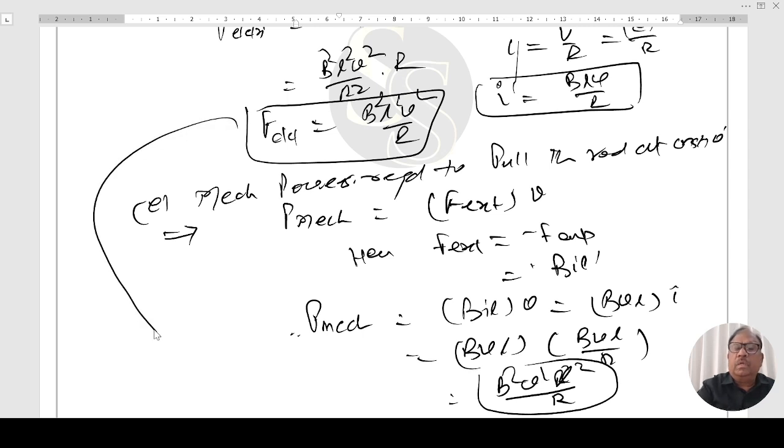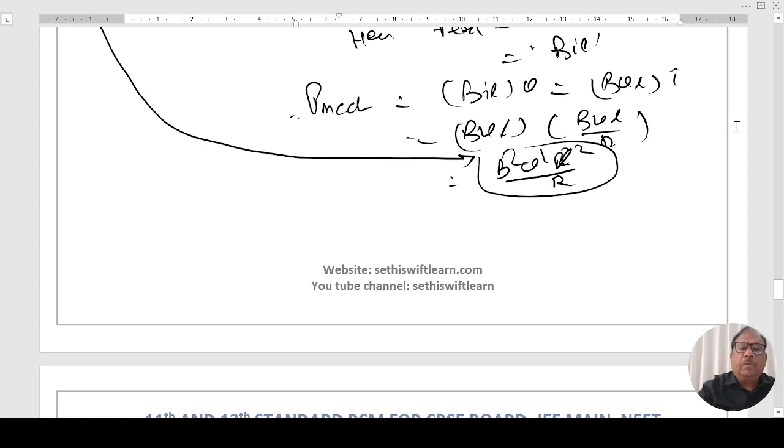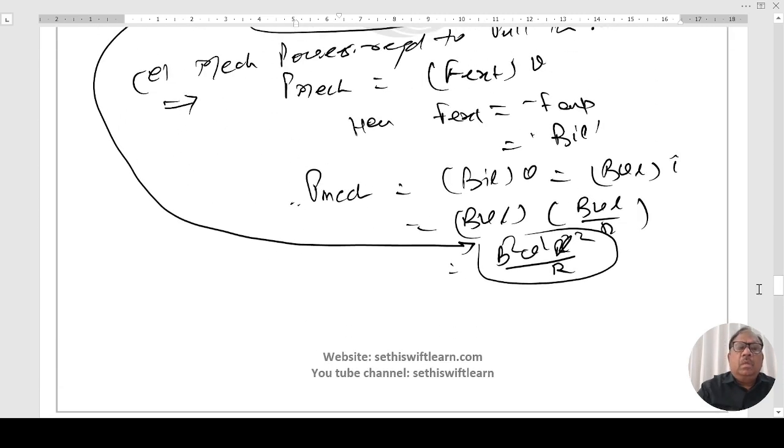Now we see electrical power and mechanical power are the same, P electrical equal to P mechanical.